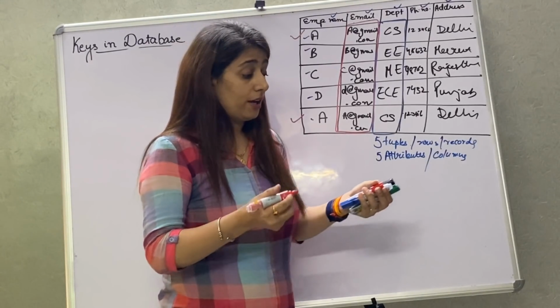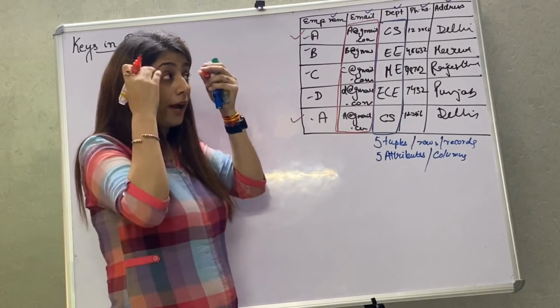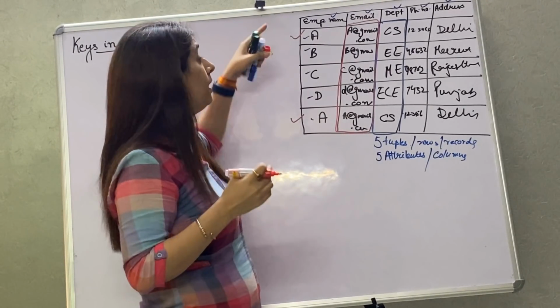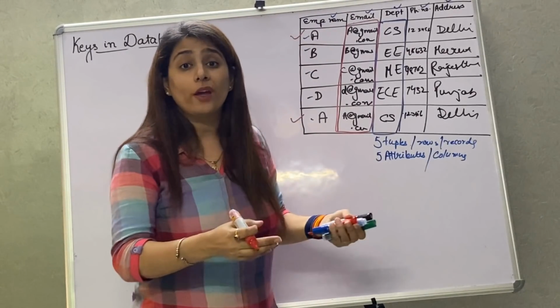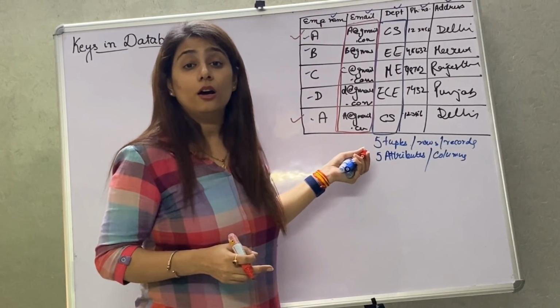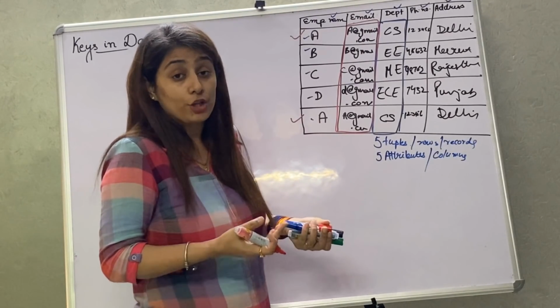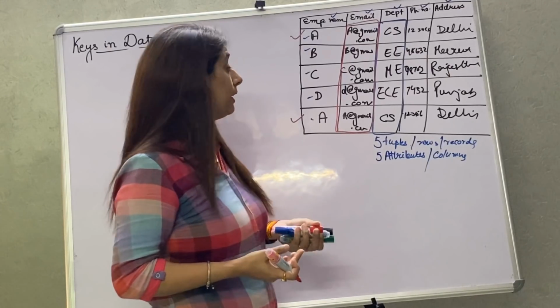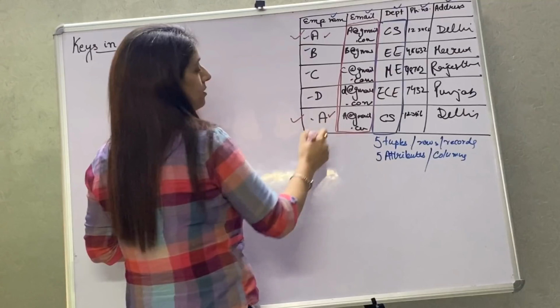It's in my mind only that I am asking for this A, but the database and your query are not telling the relation which actual entry you want. So it will fetch both the entries.